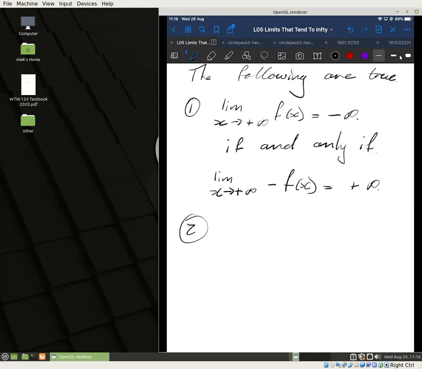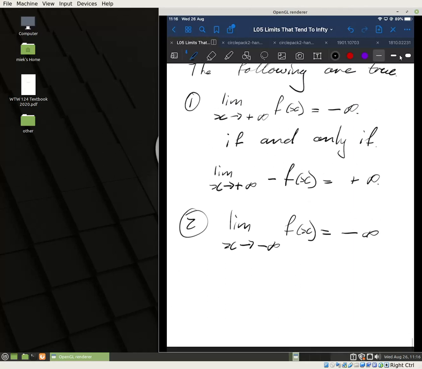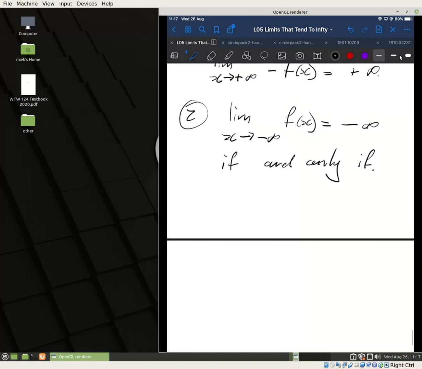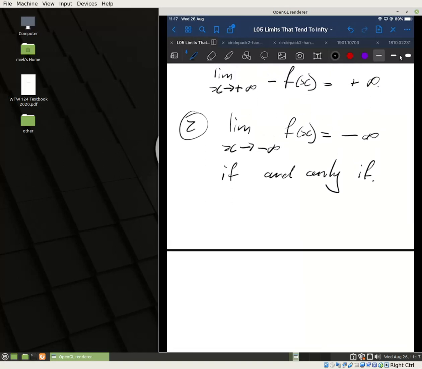Number two, something similar: the limit as x tends to minus infinity of f of x is equal to minus infinity if and only if the limit as x tends to minus infinity of minus f of x is equal to plus infinity.